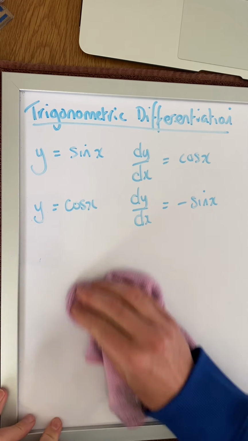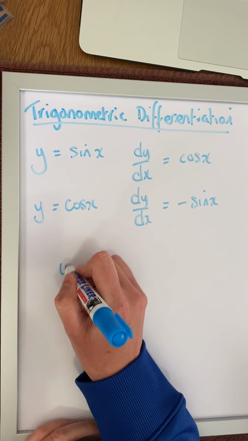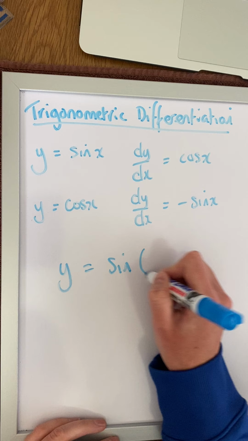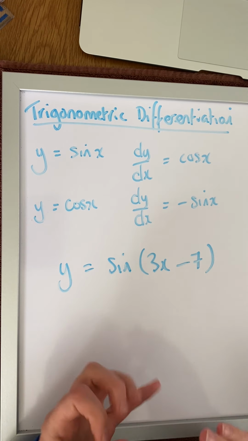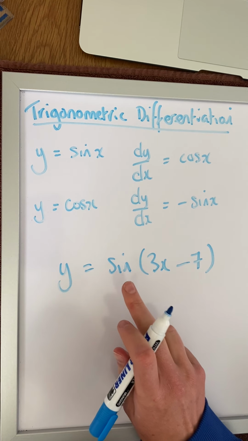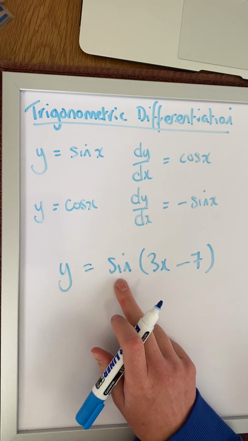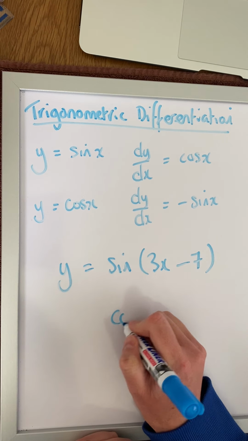Another example where we may have to use the chain rule is y is equal to the sine of 3x minus 7. Now, in trigonometric differentiation, there are 3 components that we need to be careful of. You need to make sure that you differentiate the trig function correctly. So that means that sine becomes cos. That's the first thing we need to write down.